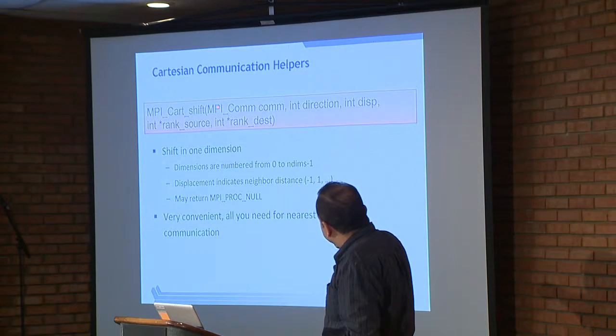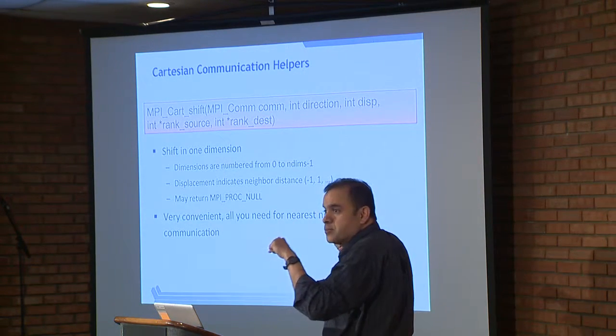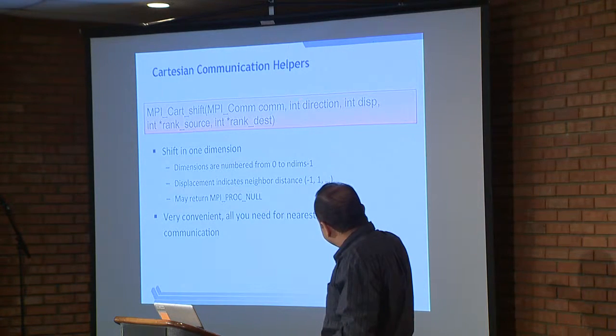So you pass the communicator that has a Cartesian topology attached to it. The direction is just whether it's dimension number 0, 1, or 2, whichever direction you want to go. So for a 3D grid, it's 0, 1, 2. It's the direction in the grid. The displacement tells you whether it's the nearest neighbor or at a distance of 2 or a distance of 3. So there is that flexibility also. You can find pretty much anyone in the grid that way.